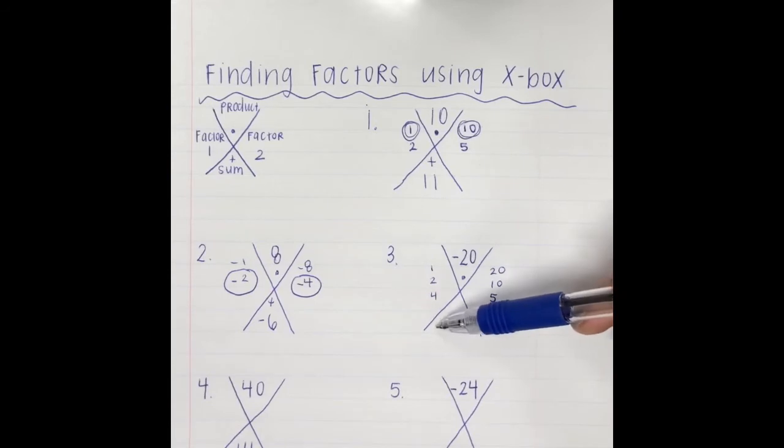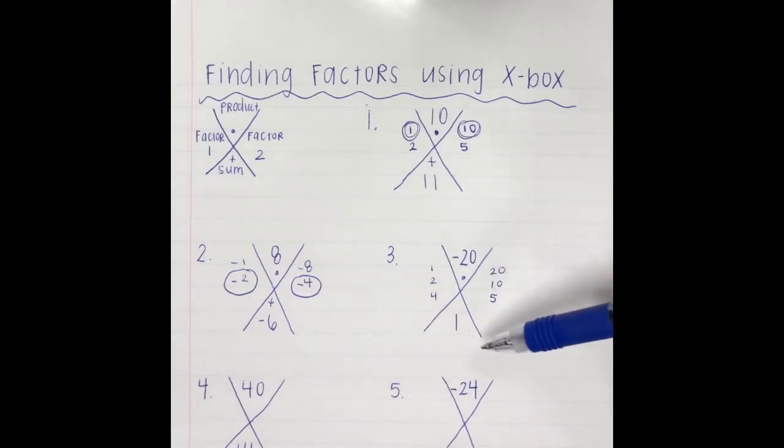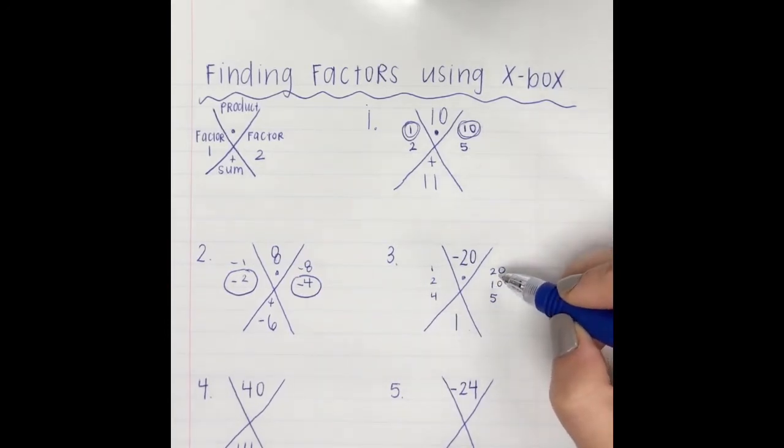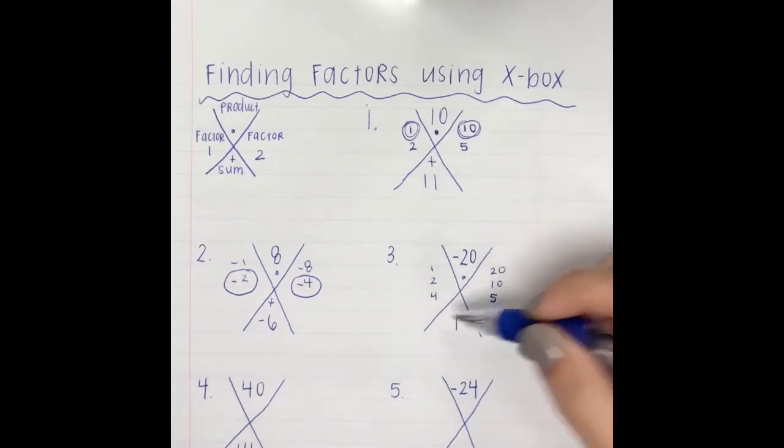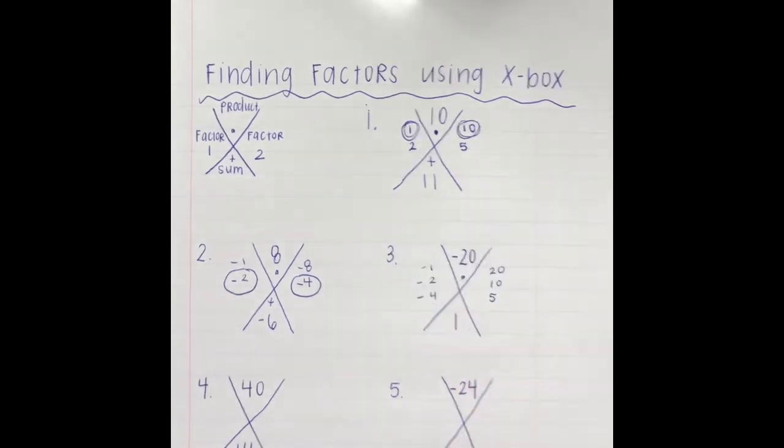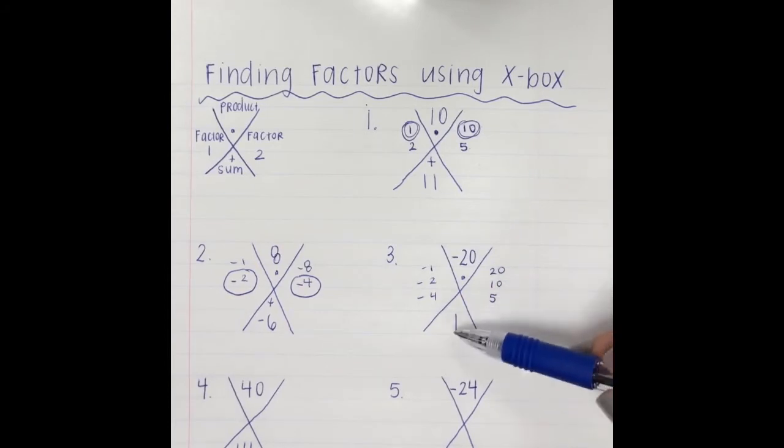If this was a negative one, then our larger number would need to be negative, okay? Because it's going to keep it positive in this case. So that means my smaller number would be the negative ones, okay? So the larger number would need to be positive to keep it positive.